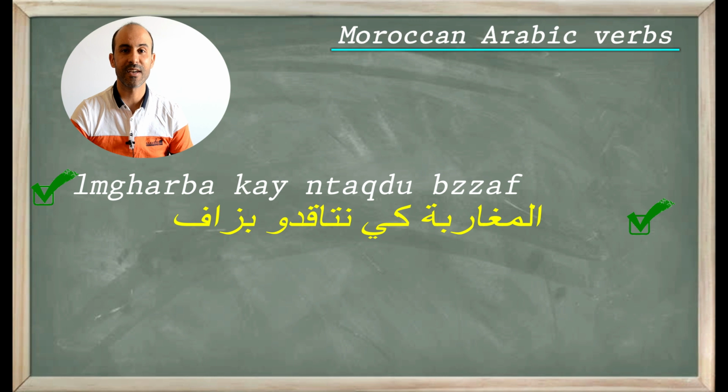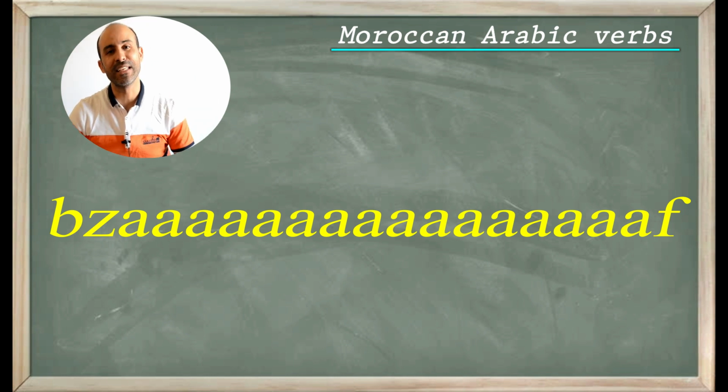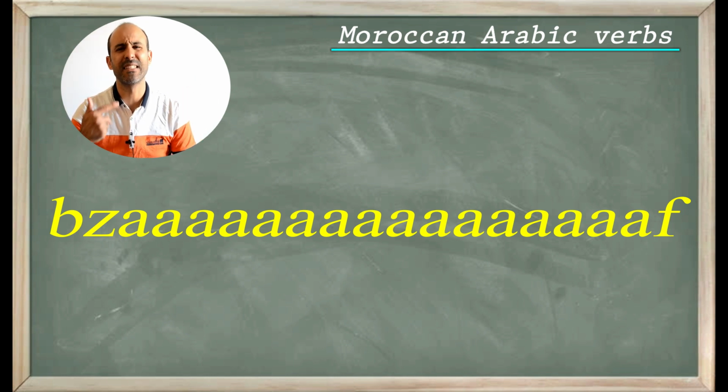Moroccans criticize a lot. المغاربة, this is the plural, like Moroccans. كينتقدوا, they criticize, بزاف, a lot. If you want to make it mean very much, you add more A's. بزاف. Too much. كينتقدوا بزاف.